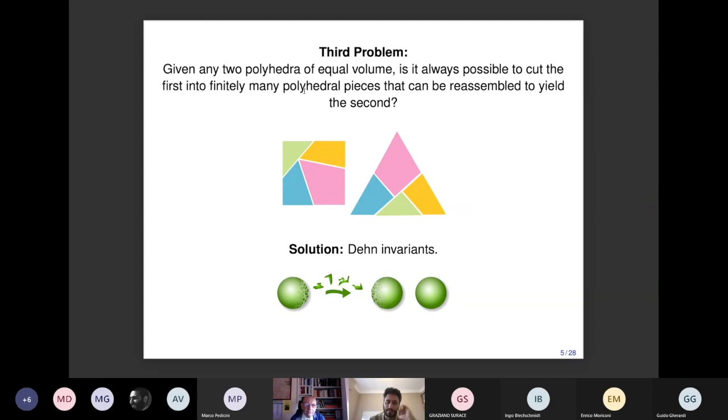So you see that this setting was really narrow. And just to have an idea, the solution of the problem for polyhedra comes from the definition of some invariant, which, as you know, is some mathematical object you associate to another mathematical object in such a way that when you do some transformation to the object, the invariant doesn't change.